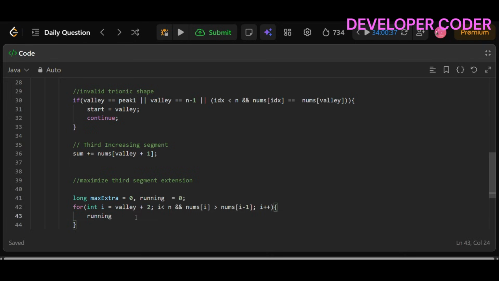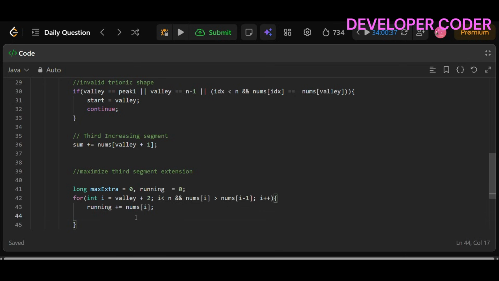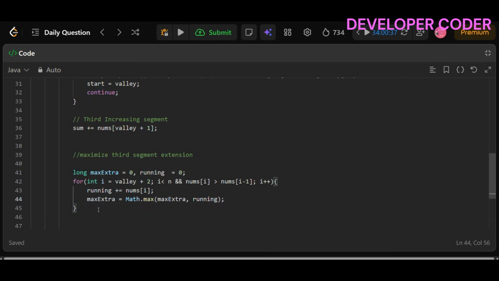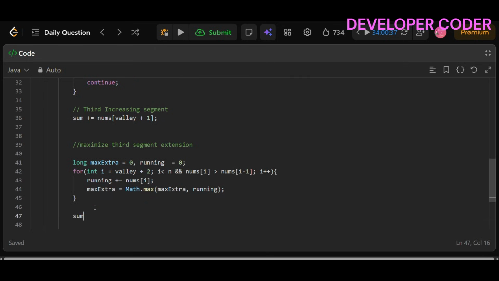So running sum is going to be this plus nums of i, and the max extra I'm just going to update. I will take Math.max of the max extra and the running sum, and I will keep the max extra max value, right? And that value I will add to my sum: sum is equal to sum plus max extra.